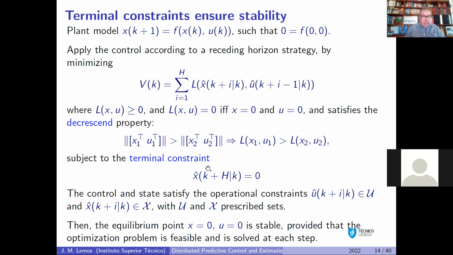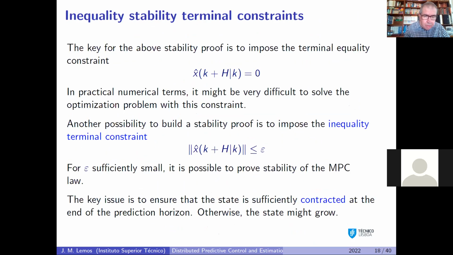Okay? And then suppose you don't have this operational constraint, so script U and script X are just the whole set of real numbers. In that case, you can solve this problem exactly. I will say something more about it in a moment.